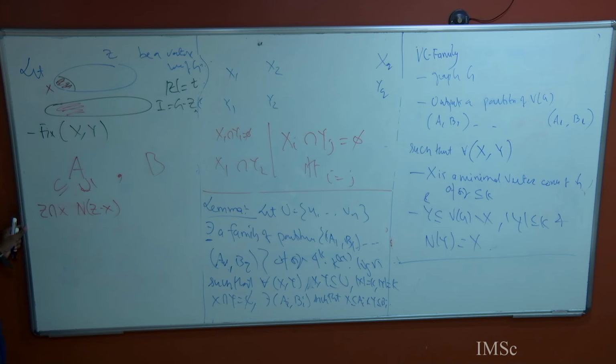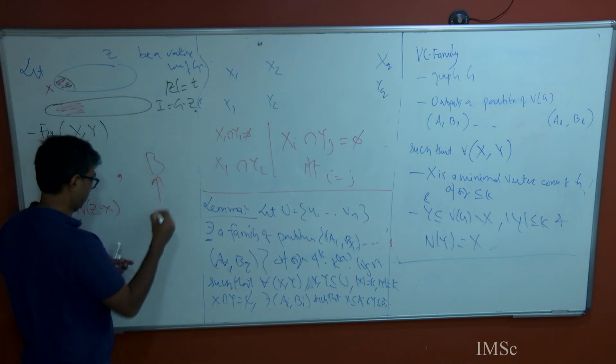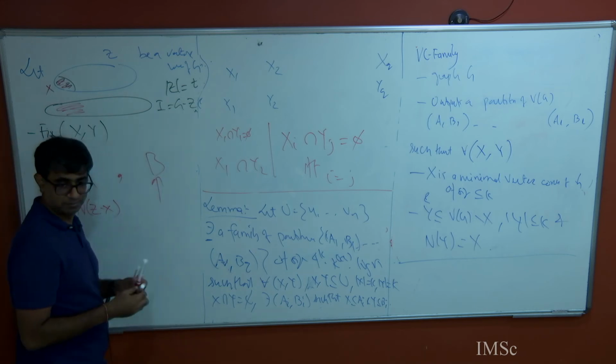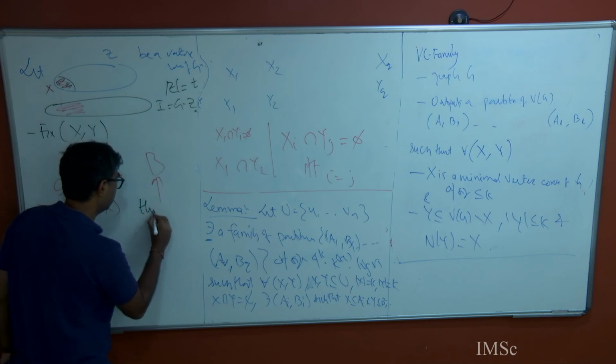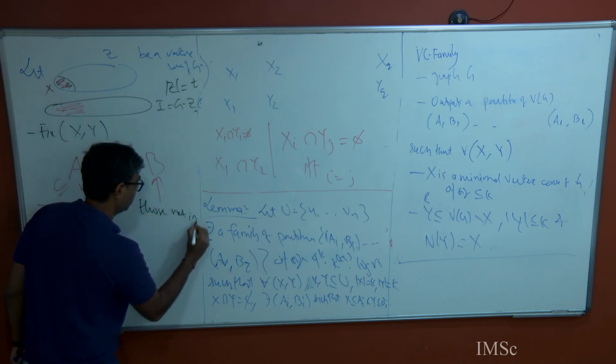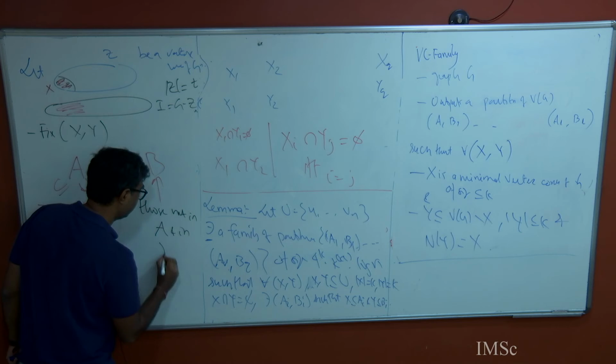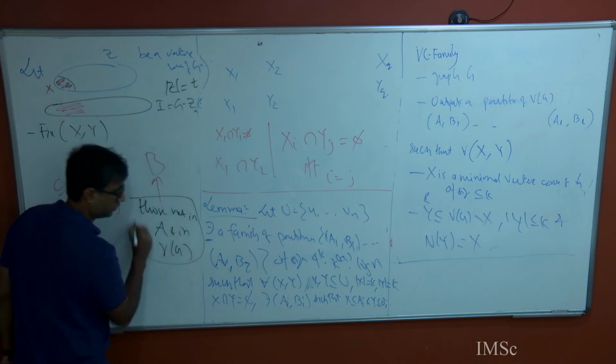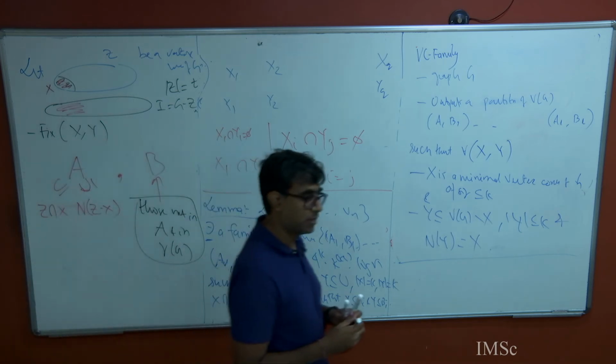Think for a minute. Then what is B? Very simple, no? Those not in A and in VG. That's it. So how many such partitions did we make?